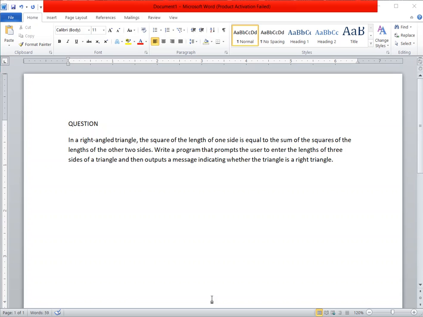Here what it means is that we're looking at a right angle triangle. As we all know, the question is telling us that if you take one side and square it, it will be the same as when you square the other two sides and sum them.